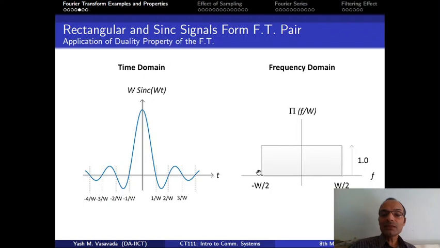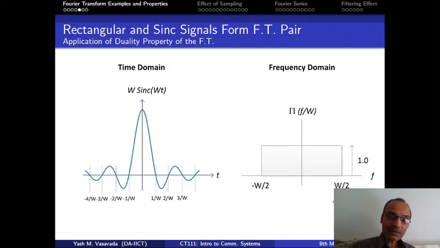So the reason why this relationship is important is because if I am interested in transmitting a signal which occupies a bandwidth of capital W in the frequency domain, this signal has a width of capital W hertz.